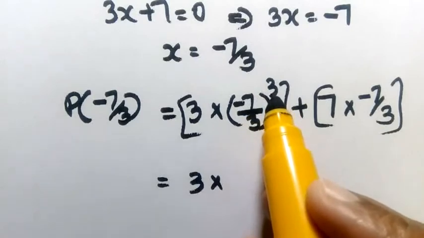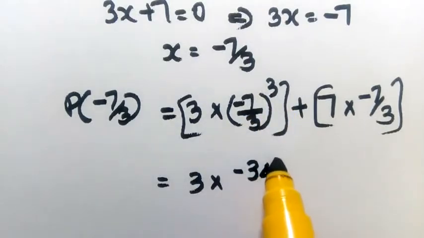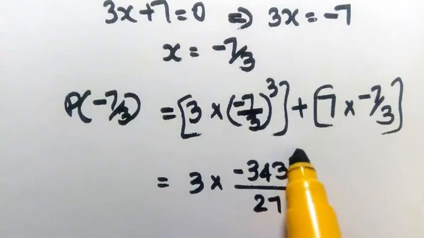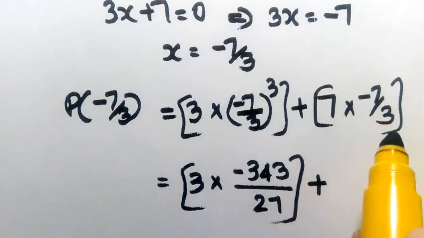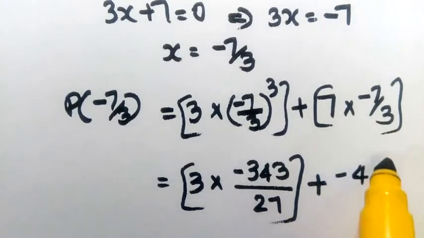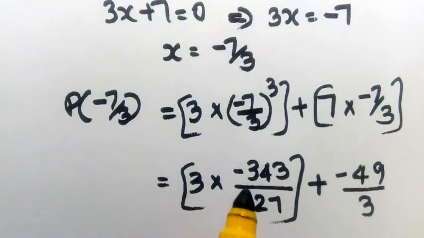Minus 7 cube is equal to minus 343, divided by 3 cube. 3 into 3 into 3 is 27. Plus 7 into minus 7 by 3. 7 into minus 7 is minus 49 by 3. 3 into minus 343 by 27.